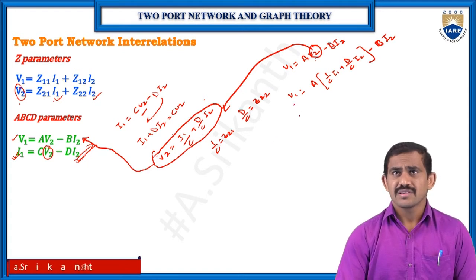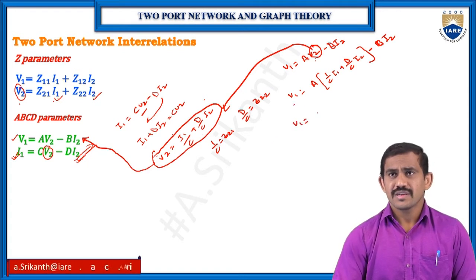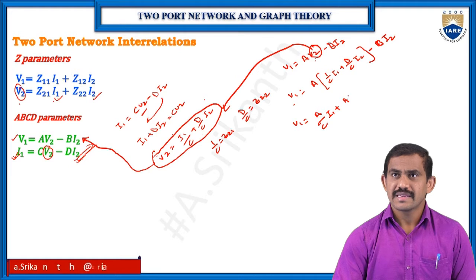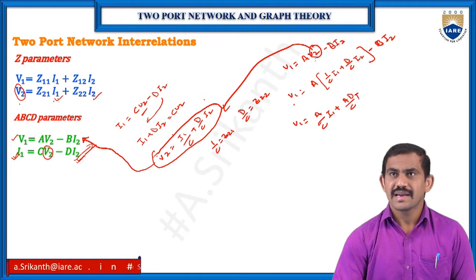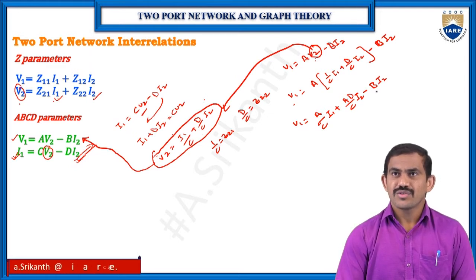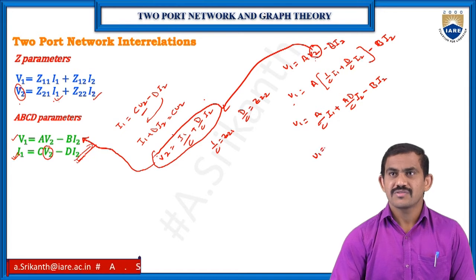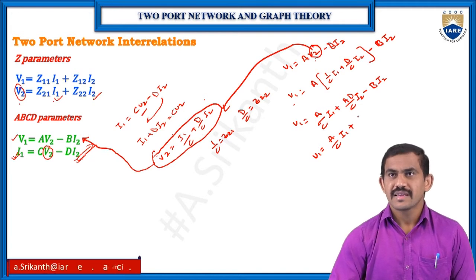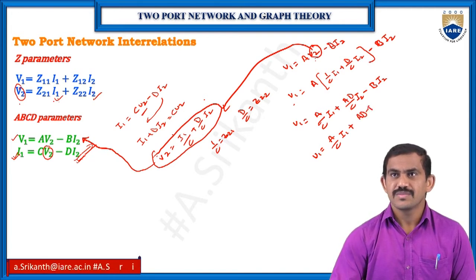So V1 equal to, if you solve this equation, A by C I1 plus A D by C I2 minus B I2. Now just common I2 we have here. So V1 is equal to A by C I1 plus, here you can write AD minus BC by C I2.